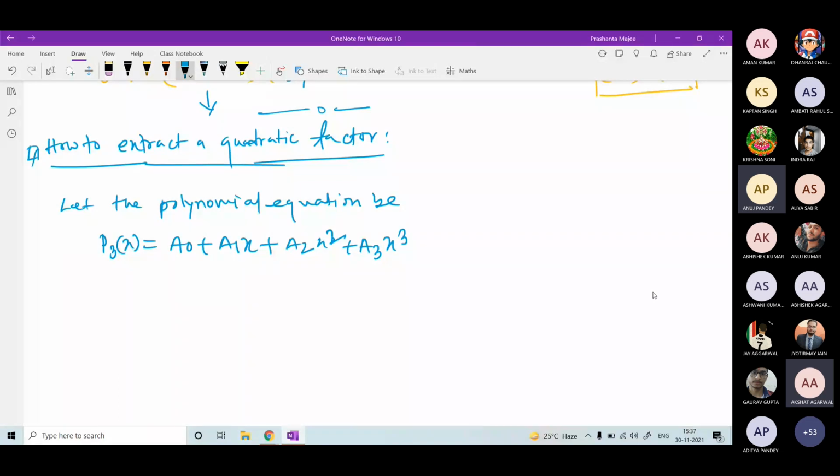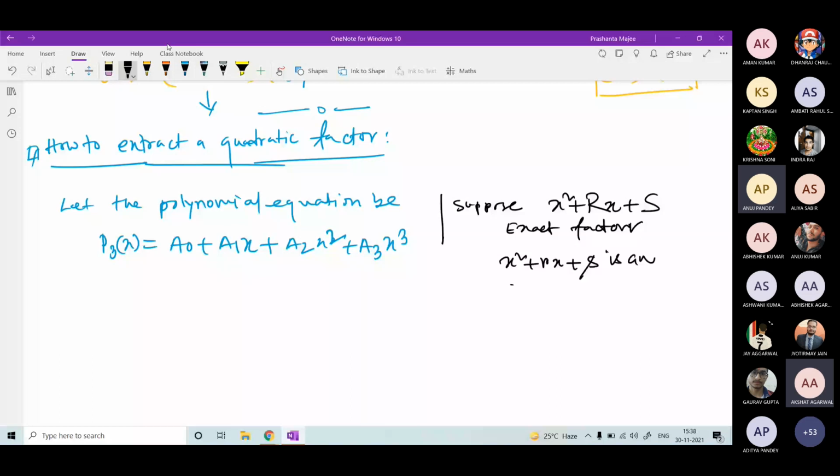Now what we want to do is extract a quadratic factor. So suppose x square plus capital R into x plus capital S is the exact factor, and x square plus small r into x plus small s is an approximated factor.